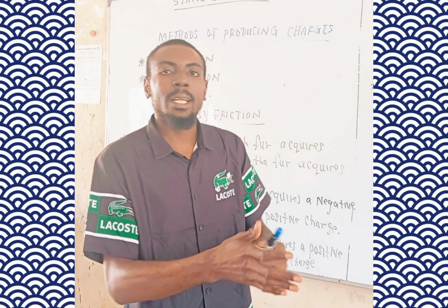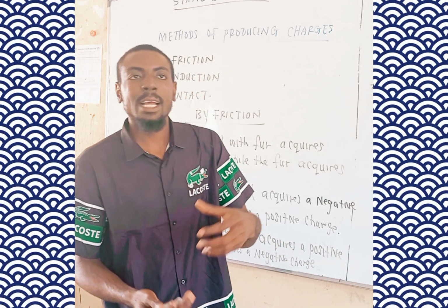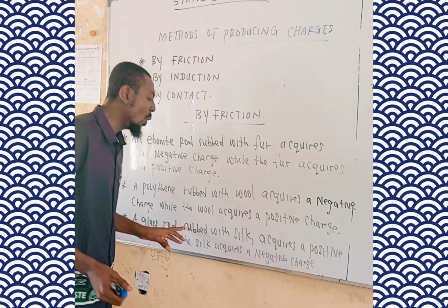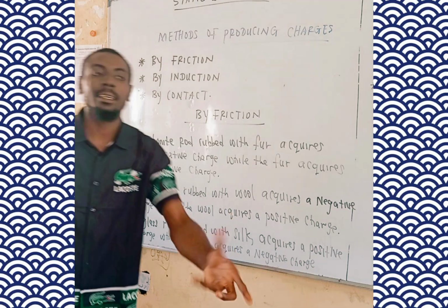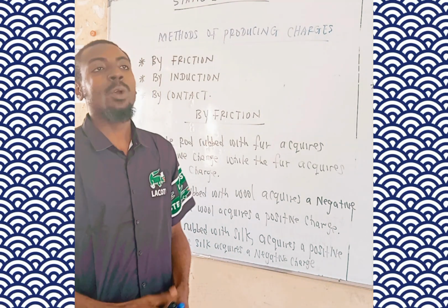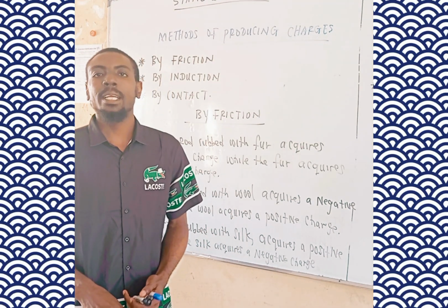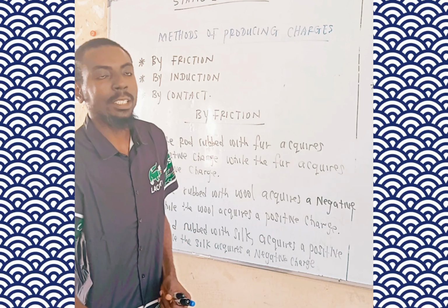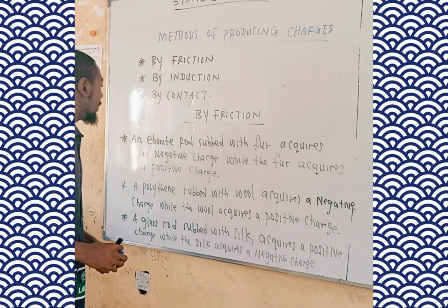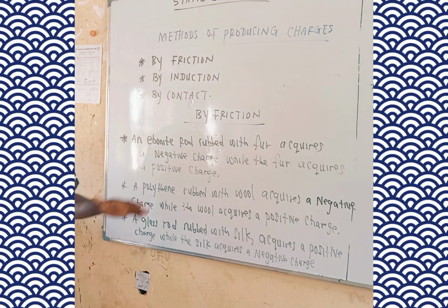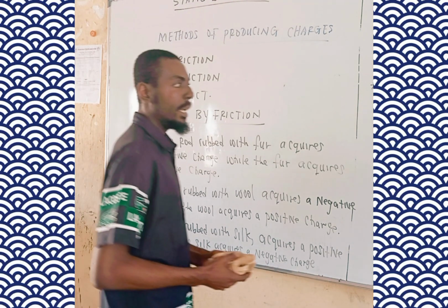So the glass rod acquires a positive charge, while the silk acquires a negative charge, because it was the glass rod that gives out the charge to the silk. The silk accepts the charge to become negative, and the glass rod gives out the charge to become positive. Okay, that's charging a body by friction. Then the next one we are going to talk about now is charging a body by induction.